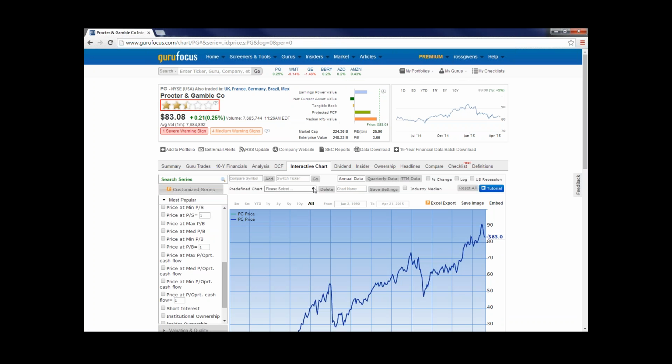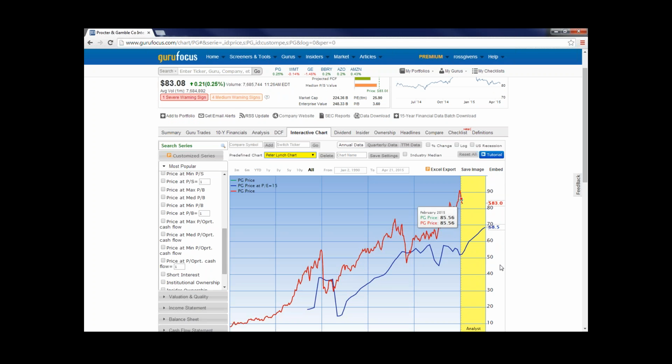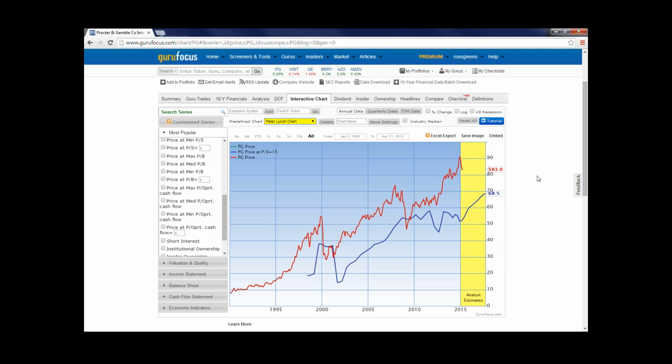Let's just say we're going to look at one of our predefined charts. Let's say we're going to look at a Peter Lynch chart, for instance, which is going to show us when is a decent time to buy this stock. By checking on this U.S. recession box, it's going to highlight, if the data looks funny, there's a big blip in it, that's why we were in a recession at that time.